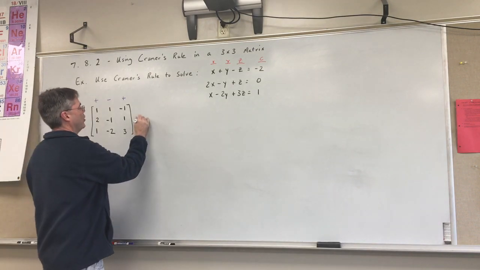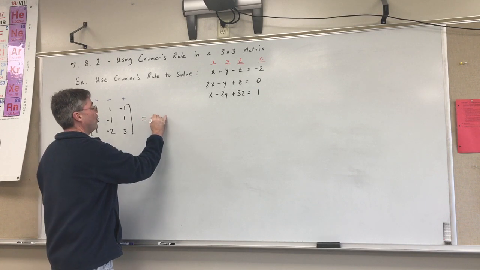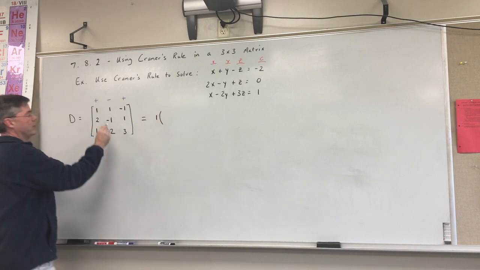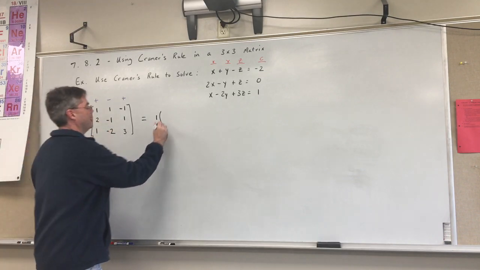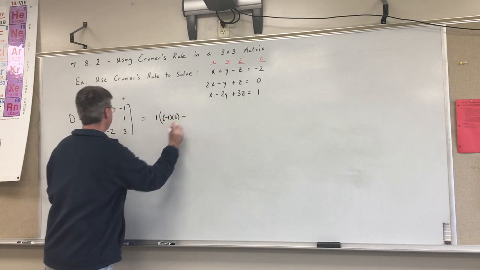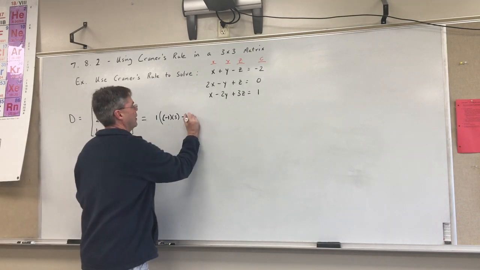So our determinant is going to be 1 times the determinant of this matrix: -1 times 3 minus -1 times 1 times -2.